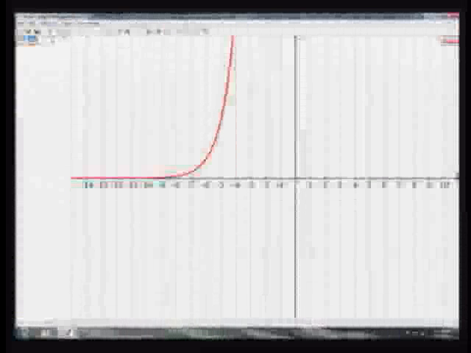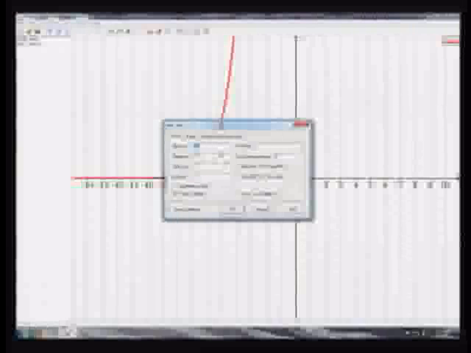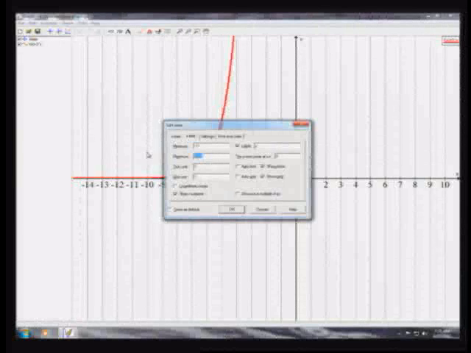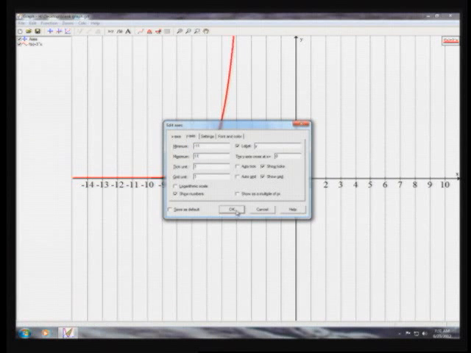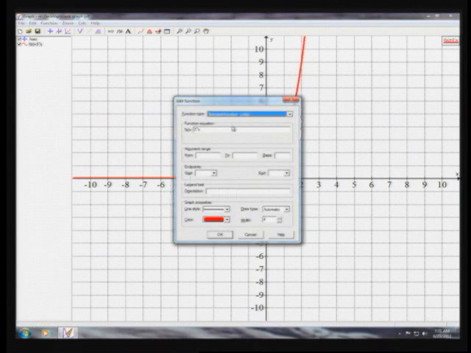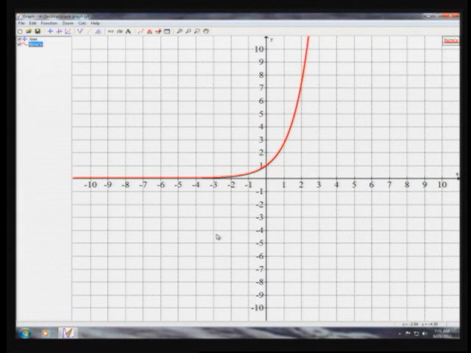On this computer program, if I make the axis back to something normal and graph e to the x, you'll see that the graph really doesn't stop. It goes forever to the left, whereas my graphing calculator makes the graph look like it stops.